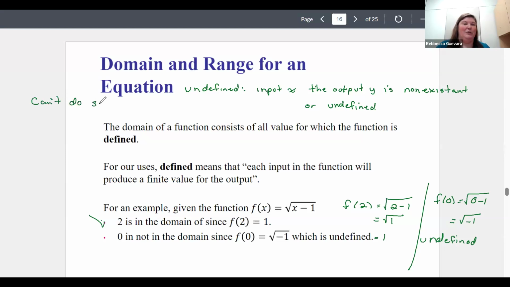We can't do square roots of negative numbers in the real numbers. Everything we're doing is in real numbers. At some point, we are going to move into something called complex numbers. In that case, these things are not undefined anymore. Just as long as we're in the real numbers, which is what we're working in right now, that is undefined.